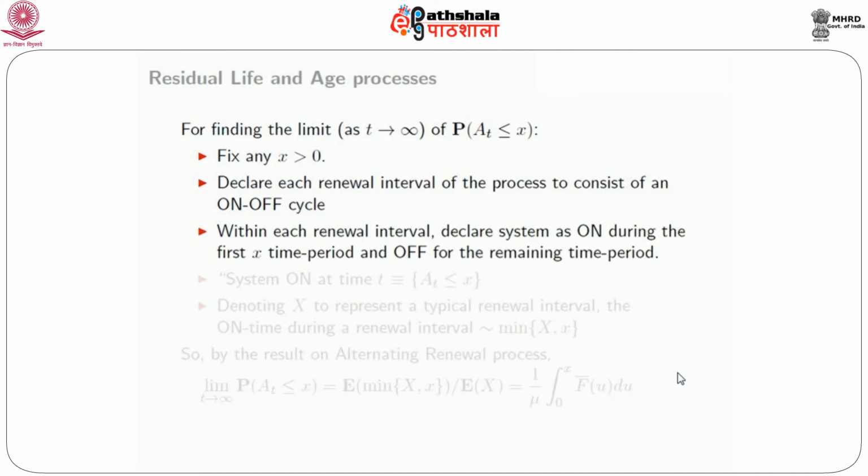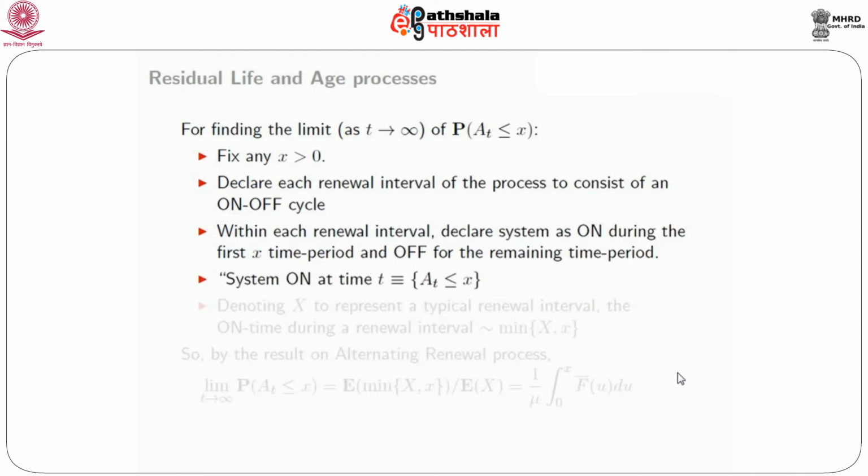Within each renewal interval, declare the system as on during the first x time period and off for the remaining time period. So for example, if the renewal interval itself is less than x, then during that interval the system is on for the entire period and off for zero period.